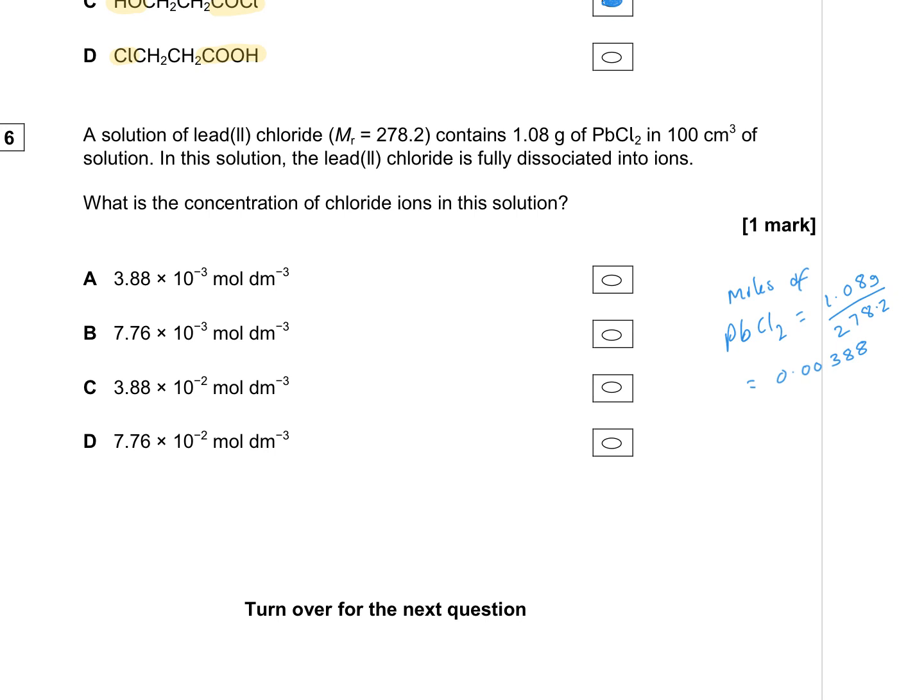And then for every 1 mole of lead chloride, there would be 2 moles of chloride ions, because the formula is PbCl2. And we've also got to take into account that this is in 100 centimetres cubed, so our number of moles is in 100 centimetres cubed, and we need to know what it is in a decimetre cubed, because we want the concentration.